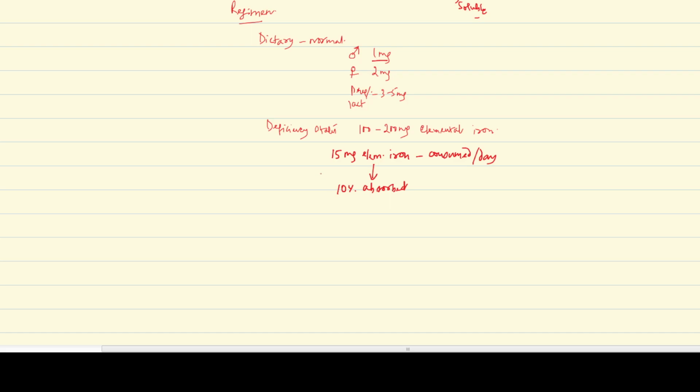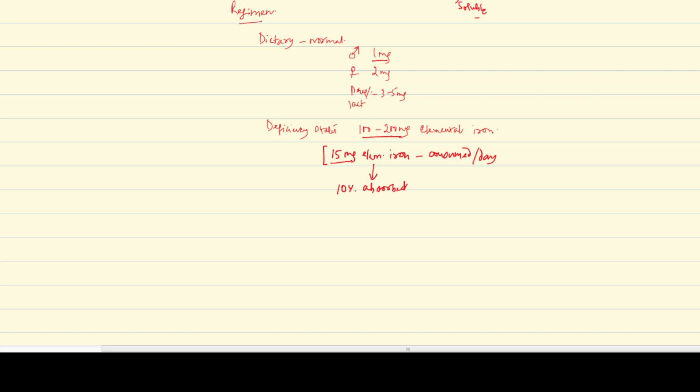So a person consuming 15 milligrams as part of the diet gets about 1 milligram of elemental iron, because only 10% gets absorbed. This is for a normal diet. Now imagine the person needs to get 100 to 200 milligrams of elemental iron per day. They would have to consume lots of meat, which is physiologically almost impossible.